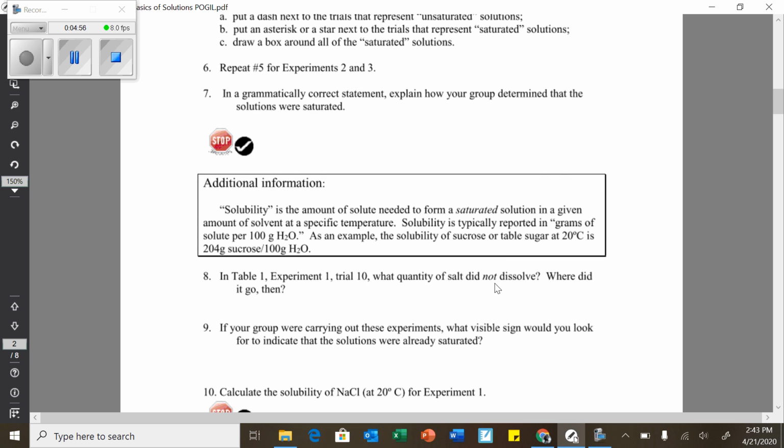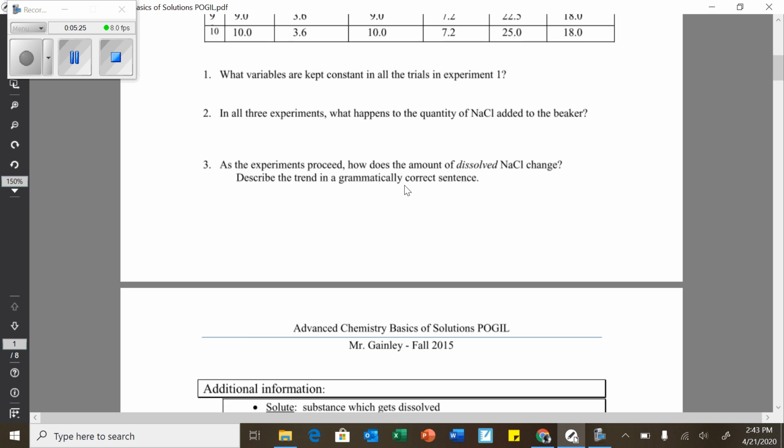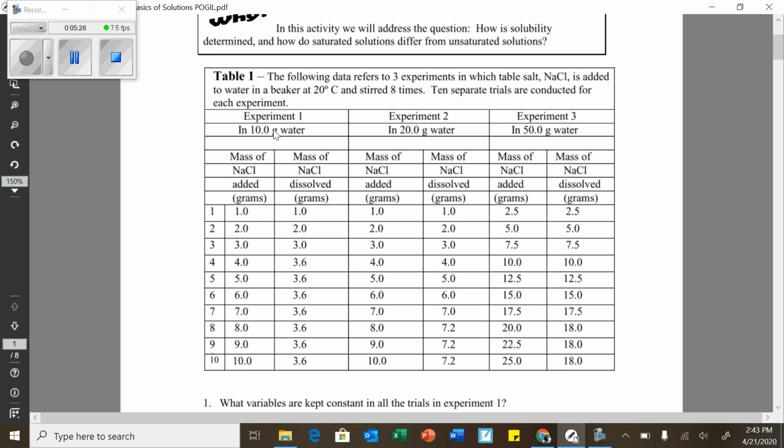Now, in this last piece, we're going to try and go ahead and figure out what the solubility is. Remember, solubility measures the amount of solute I could get to dissolve into the solvent, and it usually measures a maximum. So what's the maximum amount of solute I could get to dissolve in the solvent? You're going to use the data up here in the table in order to figure that out, because you know how much solvent you have, right? In experiment 1 it was 10 grams, experiment 2 it was 20 grams, experiment 3 it was 50 grams.